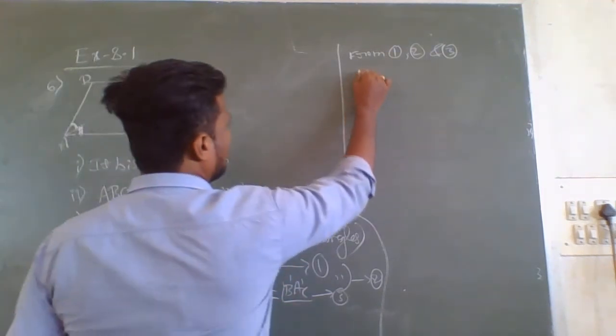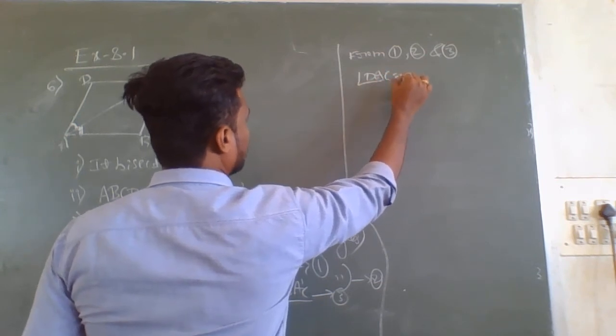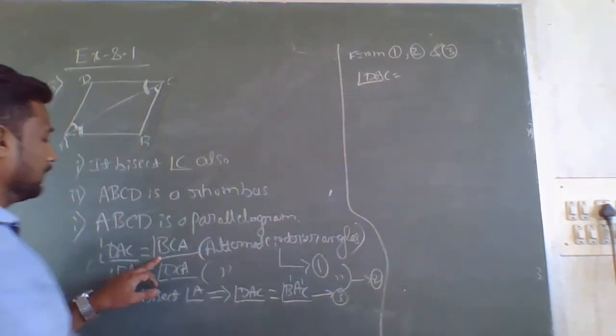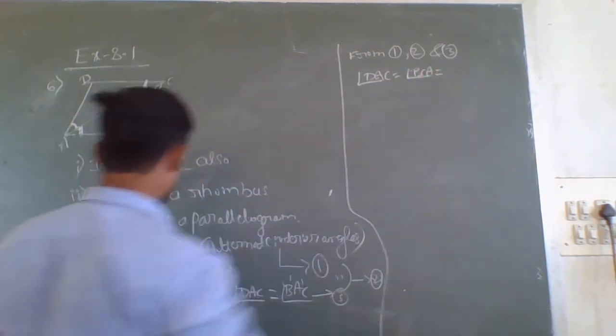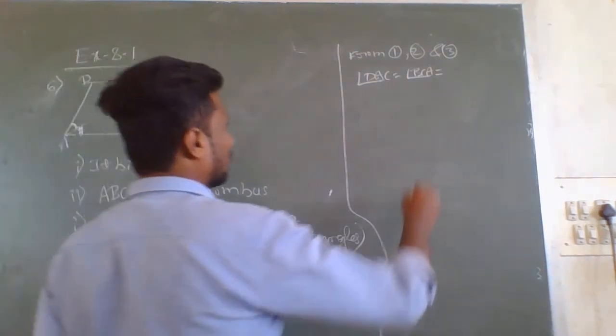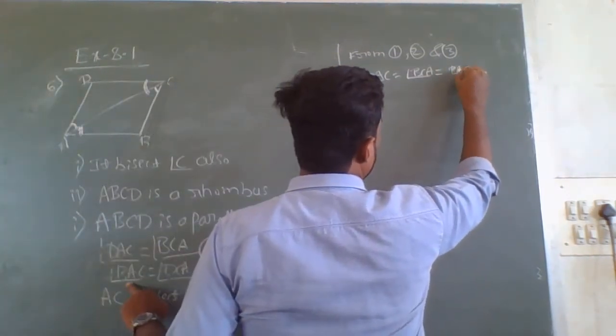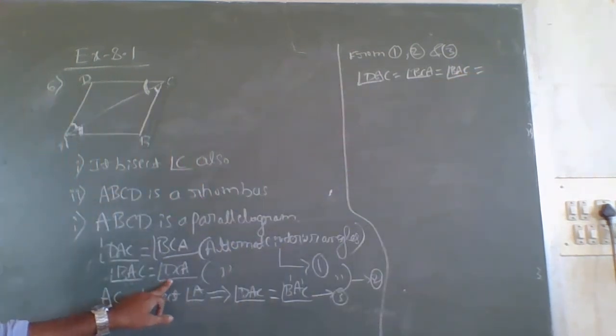Therefore we can write angle DAC equals angle BCA, angle BCA equals angle BAC, and angle BAC equals angle DCA.